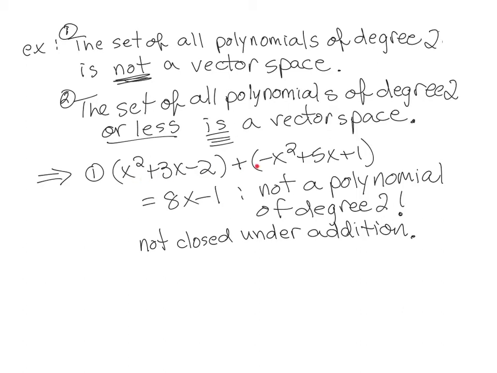I may lose a power somewhere when I'm adding, but I'm never going to gain a higher power. So if I say degree 2 or less, that becomes a vector space. Do you see the difference in those two sets and why one is and one isn't? It's something as simple as saying or less.